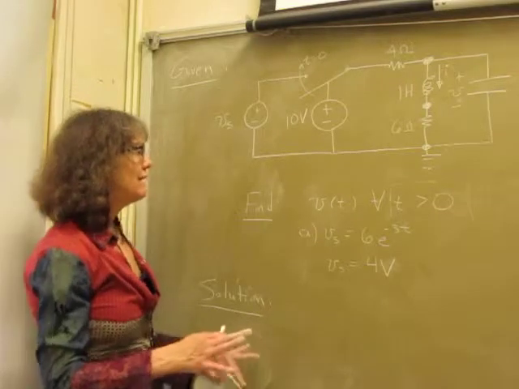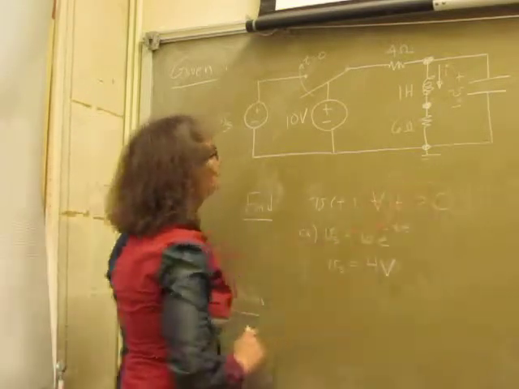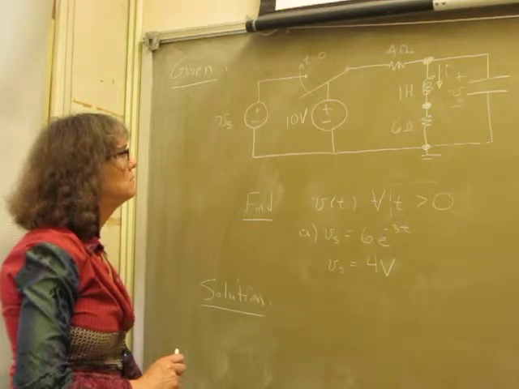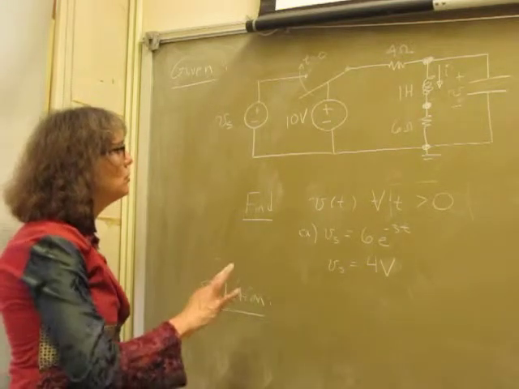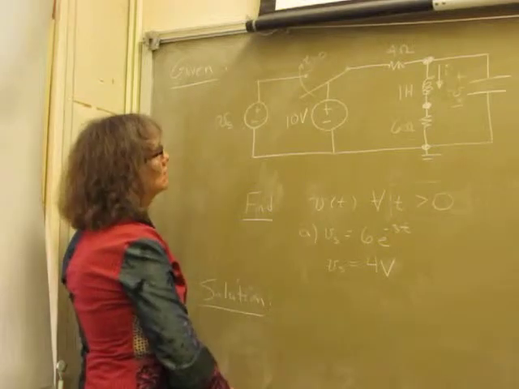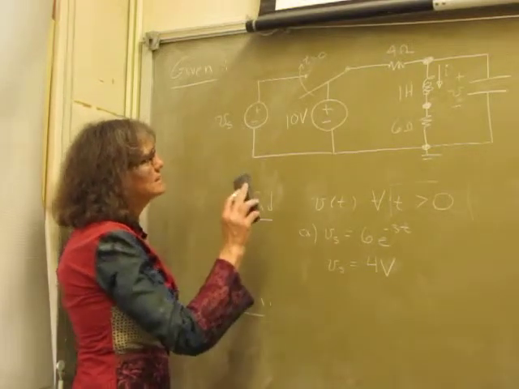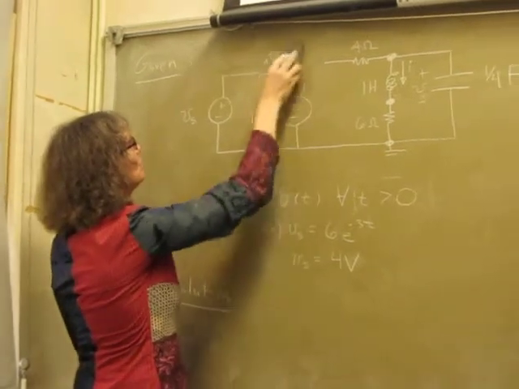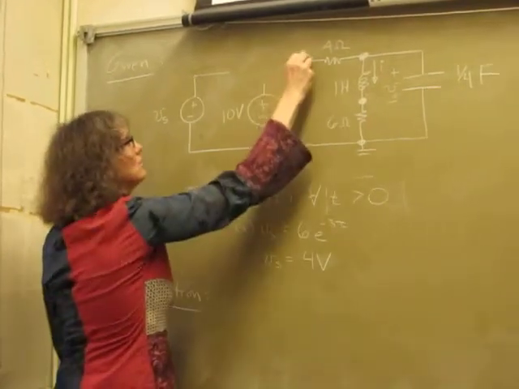I don't know if it's a distraction to do that right now. I think I'm going to hold off on it for a couple of minutes and instead show the switch in the position after t equals 0.